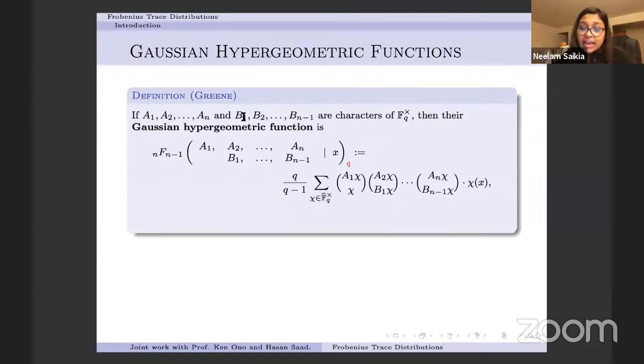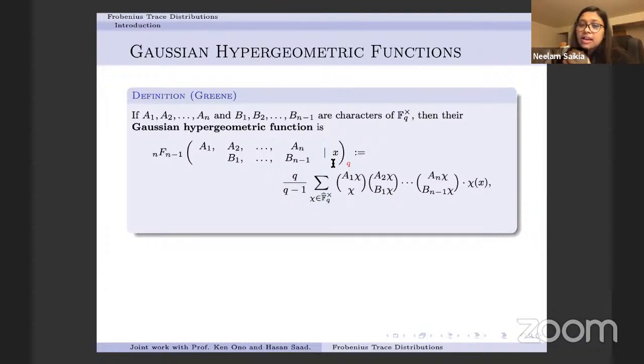If the A_i's and B_i's are multiplicative characters of the non-zero elements of the finite field F_q, where F_q is a finite field, then with these parameters, Greene defined this hypergeometric function as a finite sum, a character sum. Note that in the classical hypergeometric function all the parameters are complex numbers, but in Greene's hypergeometric function, these parameters are replaced by multiplicative characters.